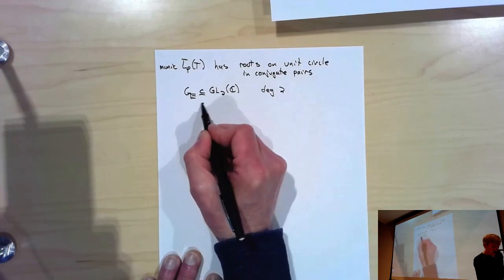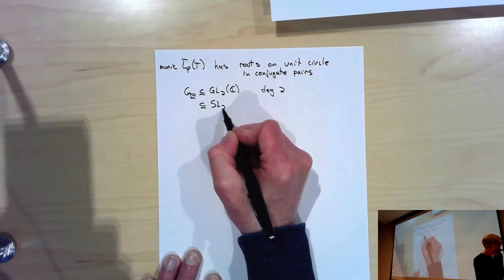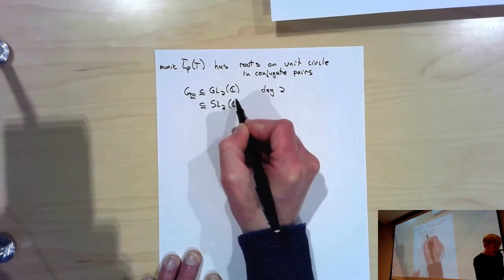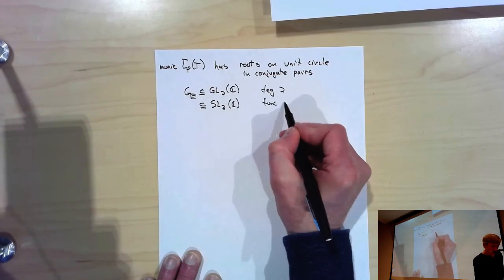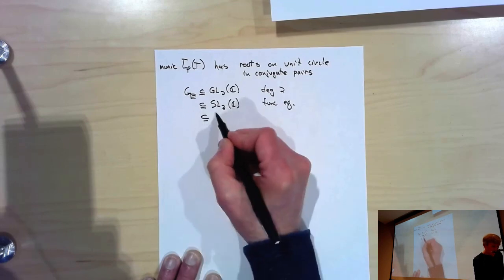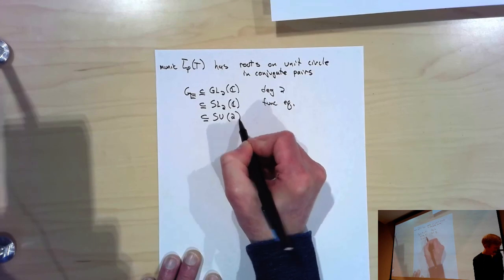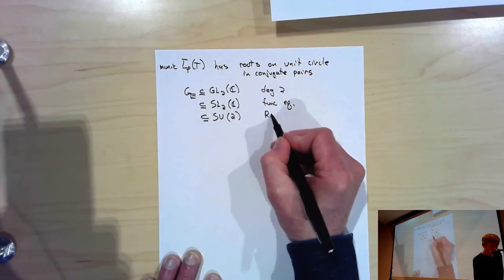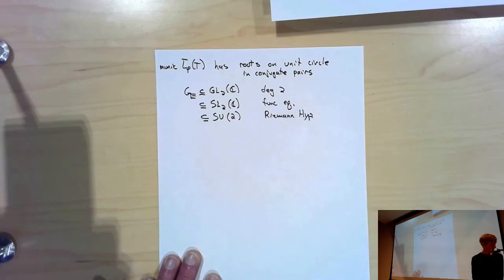Now, the fact that it's monic and satisfies our functional equation, meaning the constant term is going to be 1, meaning determinant 1, means that we should really be looking inside SL2. And the fact that its roots lie on the unit circle, and this is coming from the Riemann hypothesis, tells us that we really need to be looking for a subgroup of SU2.